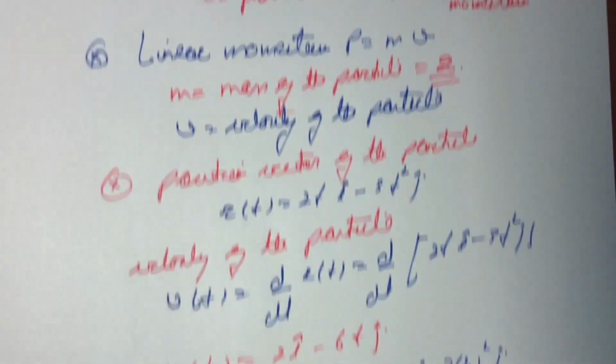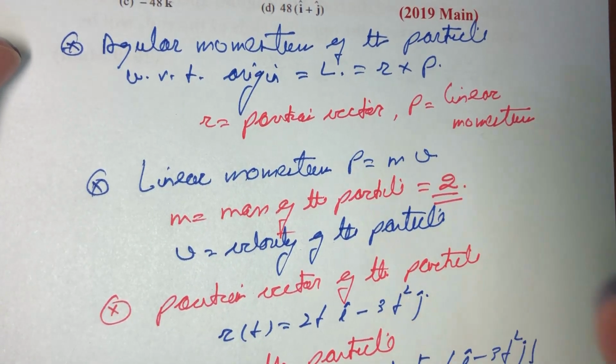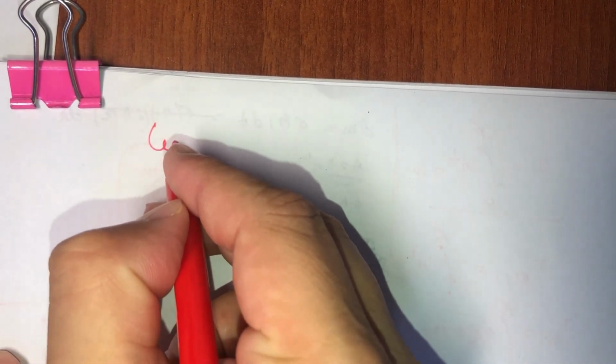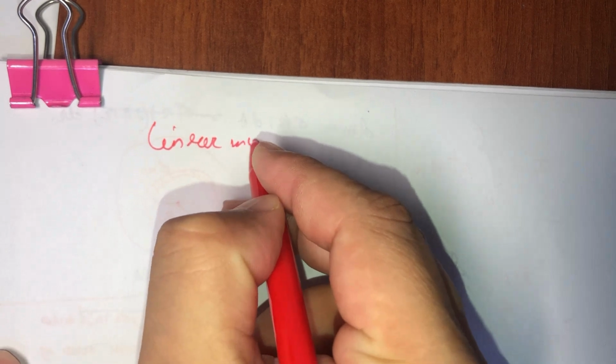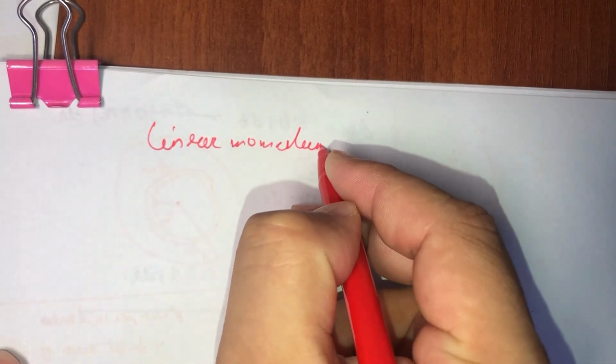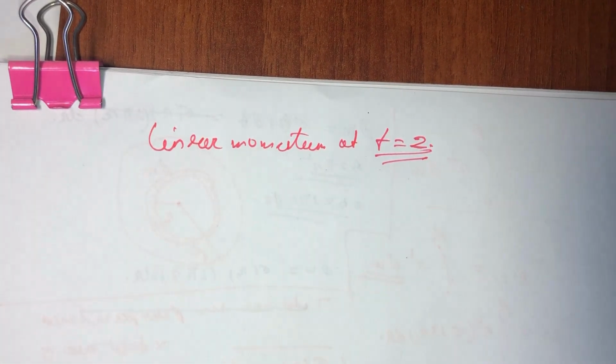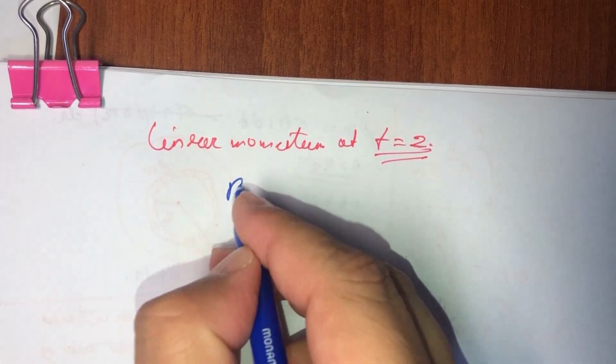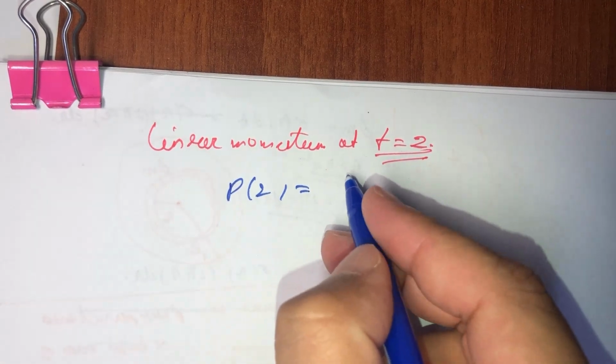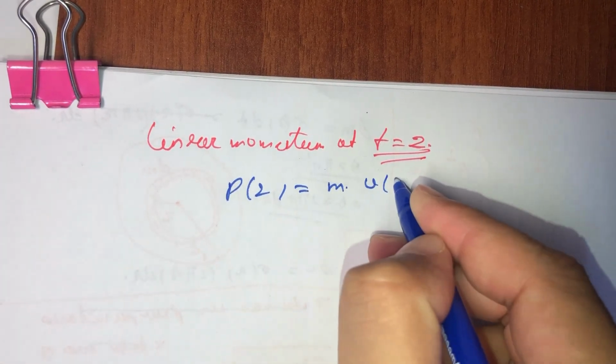And we already know the formula for the momentum, that is mass into velocity. So we are going to use this formula. Linear momentum at t is equal to 2, P of 2, is equal to mass into velocity at 2.